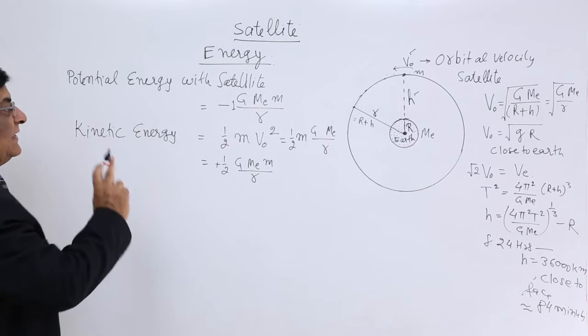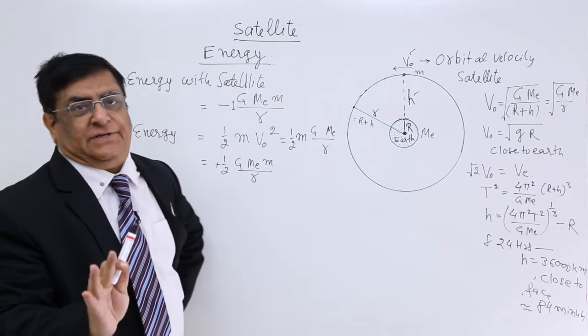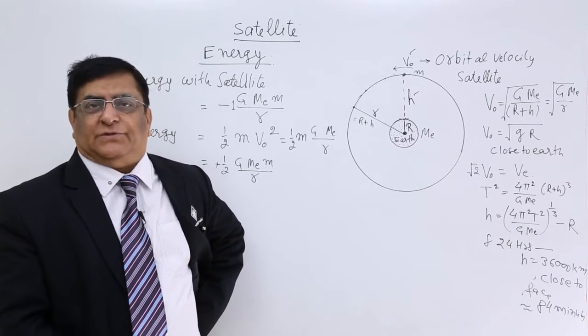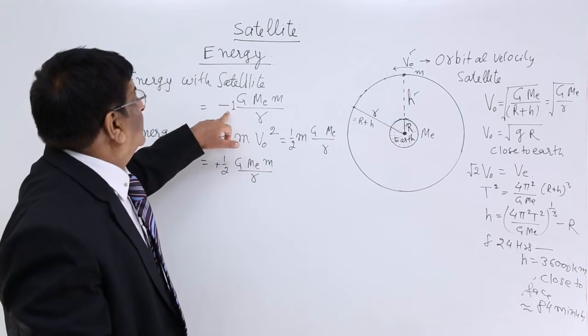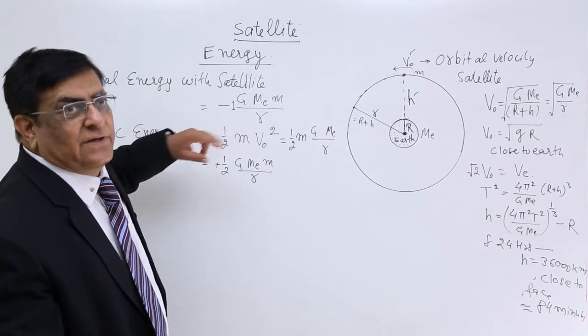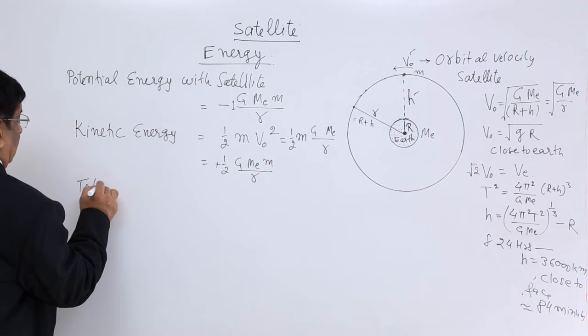Please remember, kinetic energy, due to the square of velocity, is always positive, but due to the force of attraction, the potential energy is negative in this case. Now, how much is the total energy of this satellite?